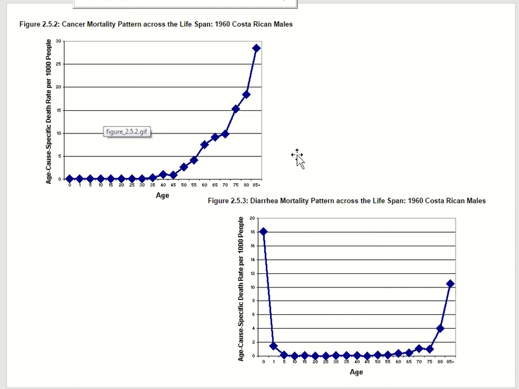Whereas if you compare this distribution to the diarrhea mortality pattern across life, you can see that it's very high in younger children, especially among infants, and then it flattens out, and towards the older age groups it picks up again. So I'm hoping you're appreciating how you can look at these death rates, whether they're disease specific, by the age distribution.